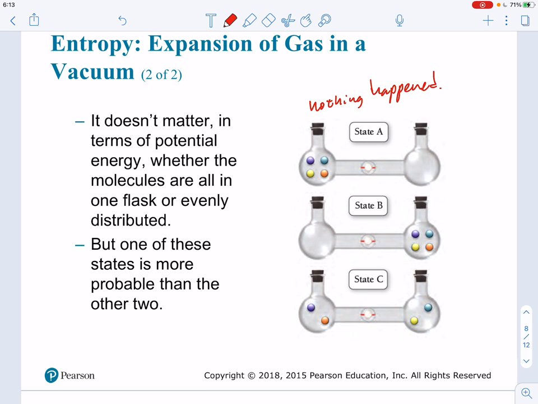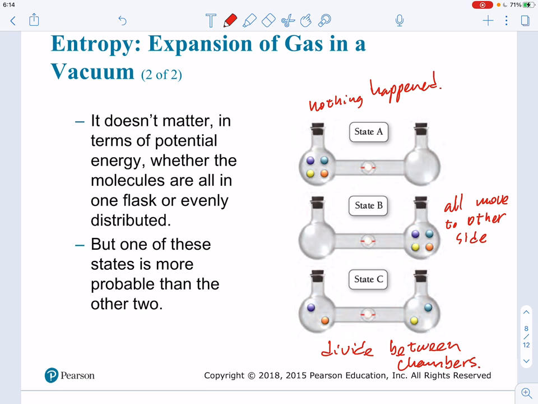The second state is that, if you have four particles there, all of them move to the other chamber. So all move to the other side. And then the last state would be one in which you divide them equally between chambers.